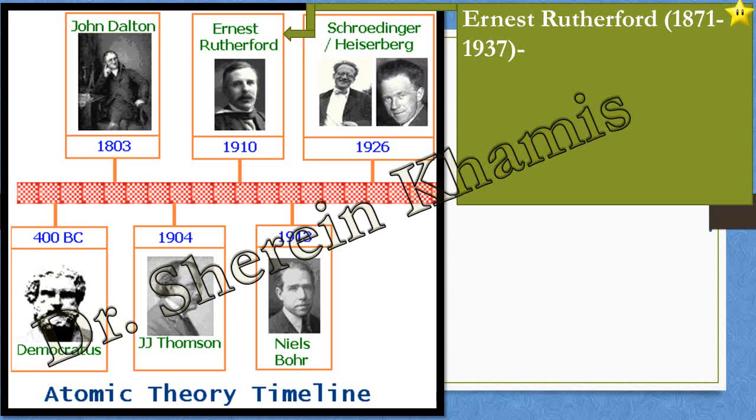What is the beginning of Rutherford? He was the first one that put an atomic model depending on the facts. Depending on what? Experimental facts. All the things before did not depend on facts, but now beginning from Rutherford, it depends on experimental facts.